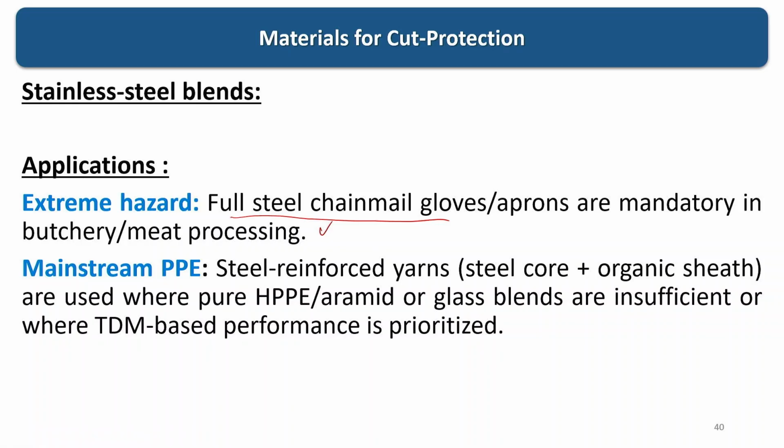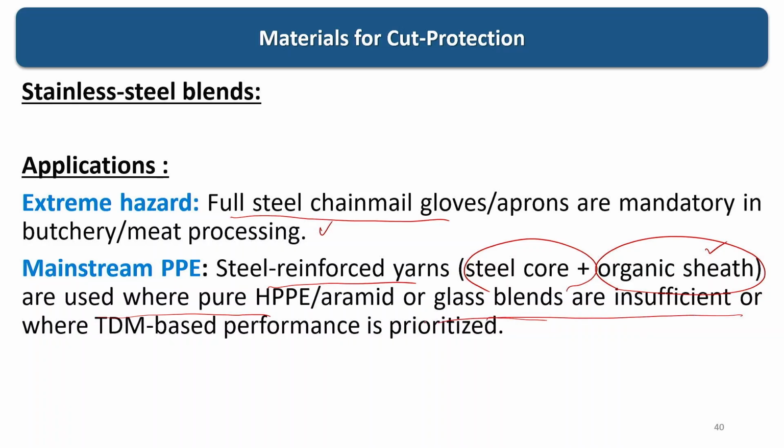And mainstream PPE, personal protective equipment, are steel reinforced yarns, with steel core and organic fibers in the sheath, like para-aramid or ultra high molecular weight polyethylene. We can use them in the sheath, where pure HPPE or aramid or glass blends are insufficient.